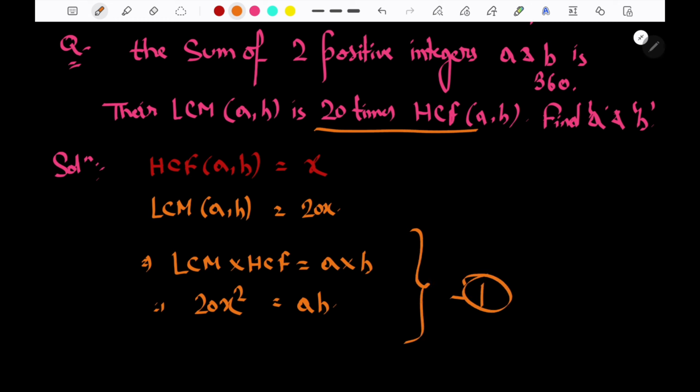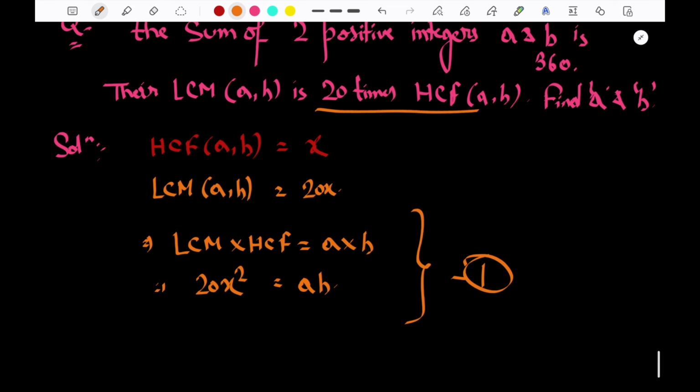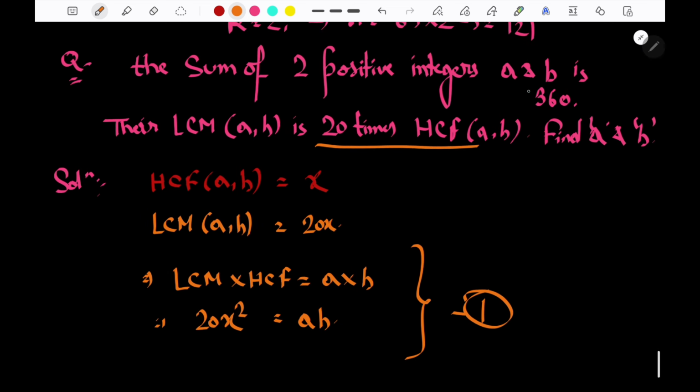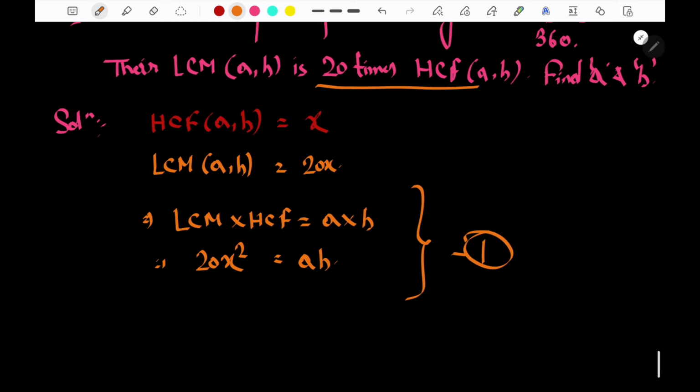But how do we find the other value? Now we know the sum of two positive integers A and B is 360. Will this guide something? Yeah.